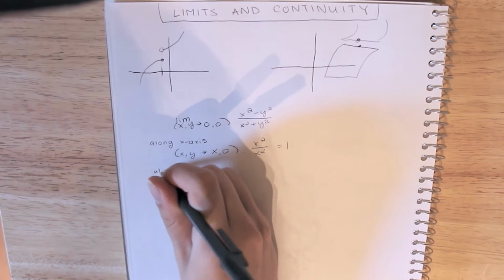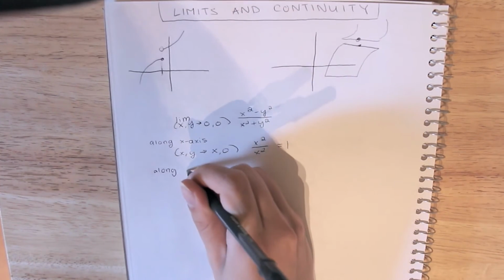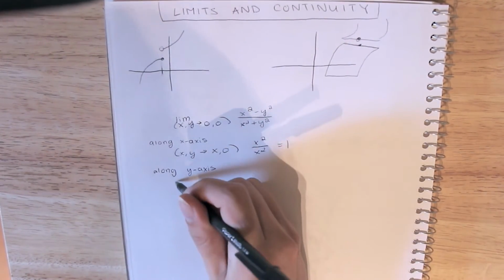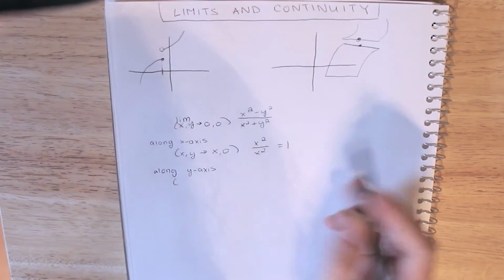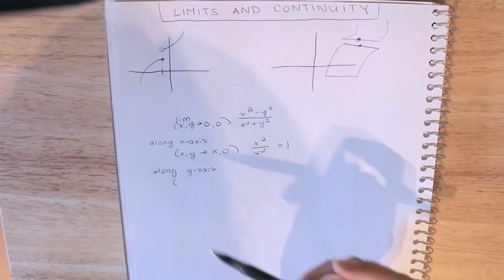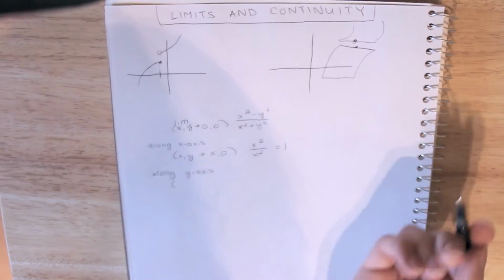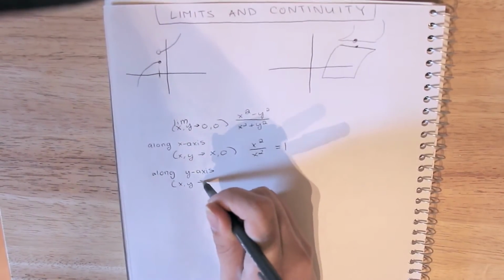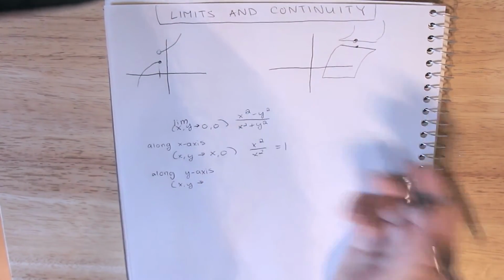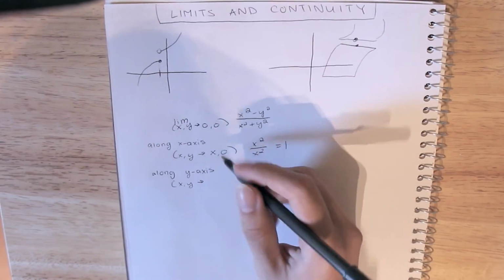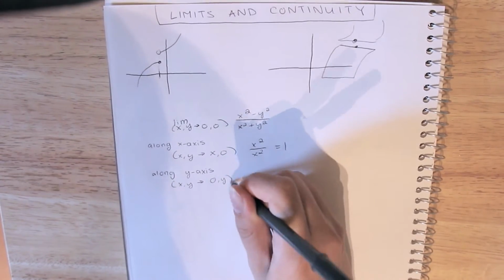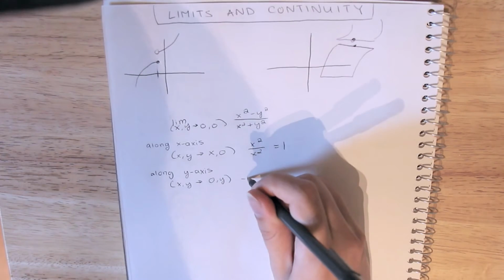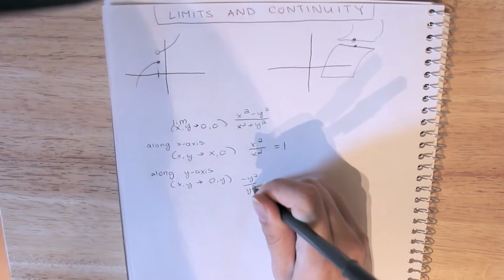What about along the y-axis? So it's just going to be the exact opposite. The y value is going to vary, it's going to get closer and closer, the x value is going to become 0. So xy is going to approach 0, y, which means we just plug in 0 wherever there's an x: negative y squared over y squared.